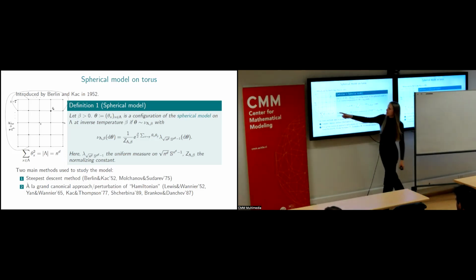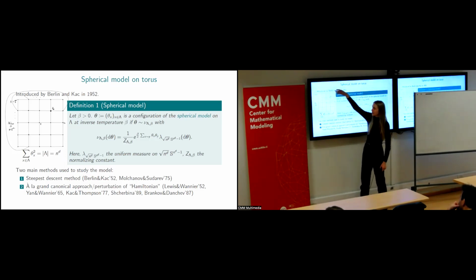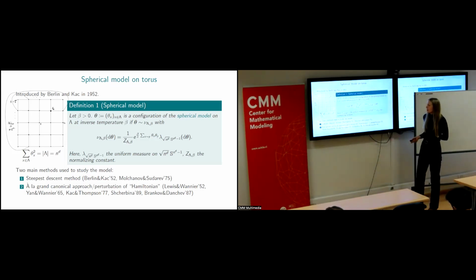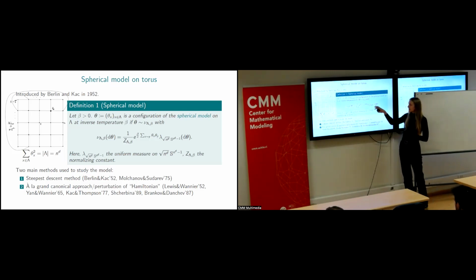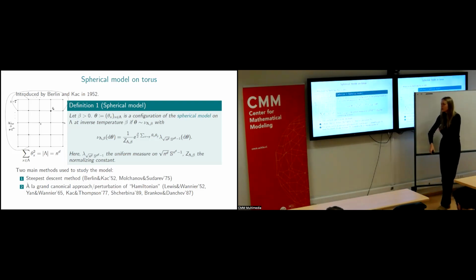We have a torus, and at each vertex of the torus we have a random variable θ_x. Then, in this model, we condition the norm of the total vector, which is indexed by the torus, to have the size of the square root of the volume. This is represented in this formula. We have interactions similar to the Ising model. However, now we live on the (N-1)-dimensional sphere, and we choose the normalization which corresponds to the volume.